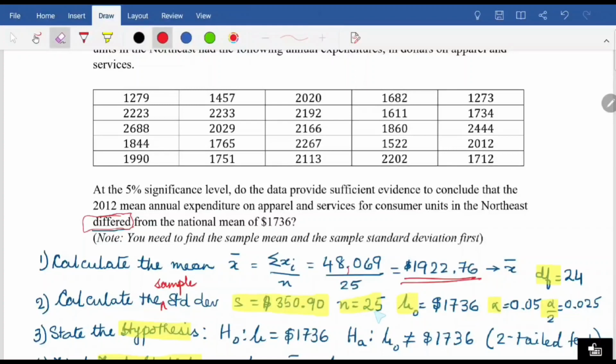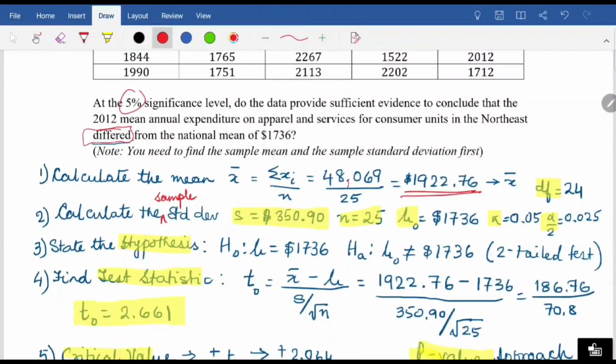N is 25, the sample size. We do need that in our formula. And then the null hypothesis mean is going to be the established mean of 1,736. Alpha is 0.05. Where do we get that? From the significance level here. And this is a two-tailed test, as we will see. That's the reason I have alpha by 2.